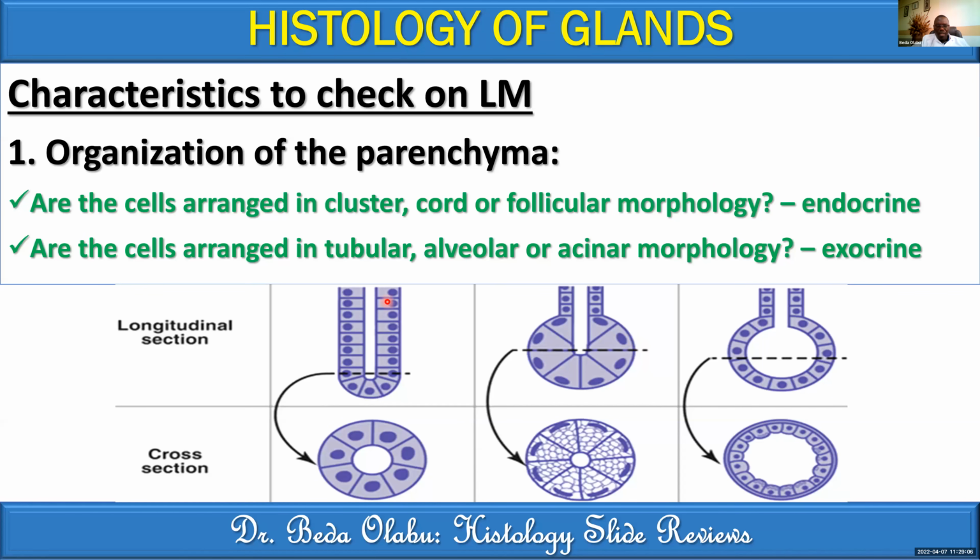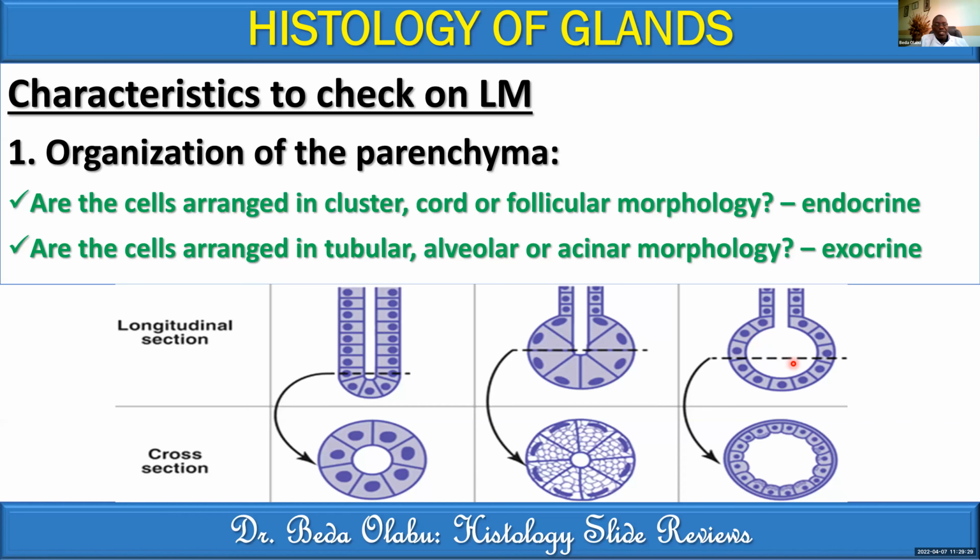For the tubular one, the secretory portion and the ductal portion look similar. There's no ballooning out. And so in cross-section, it will appear just like that, a tube cut in cross-section. For acinar morphology, the secretory portion is expanded, ballooned out, and that also applies to the alveolar morphology.